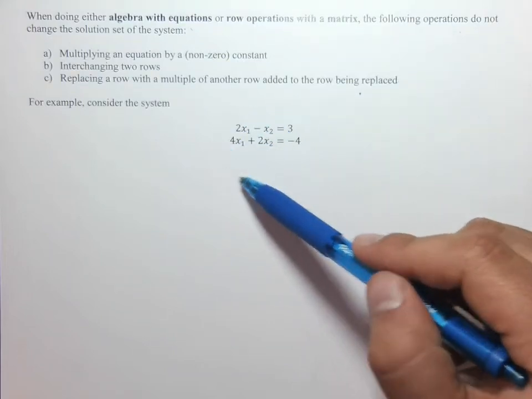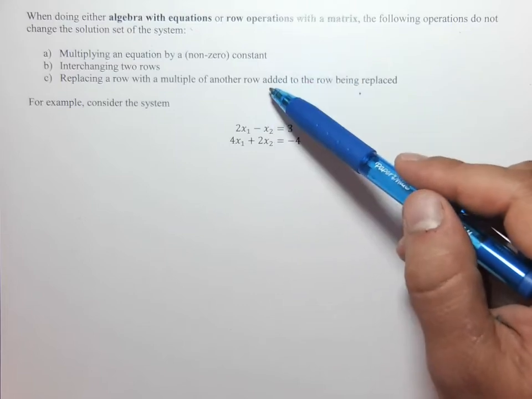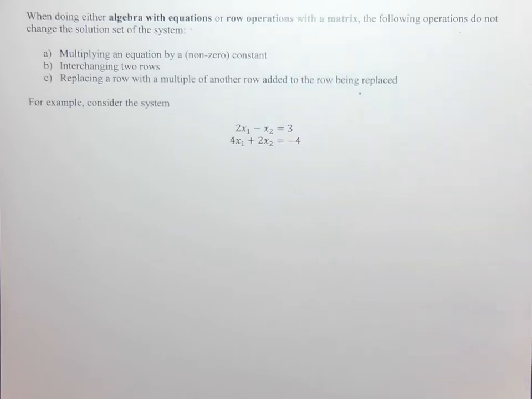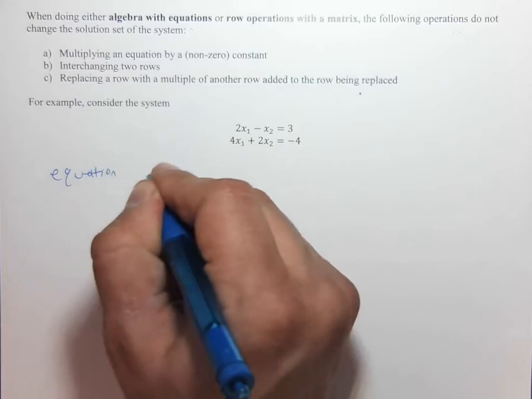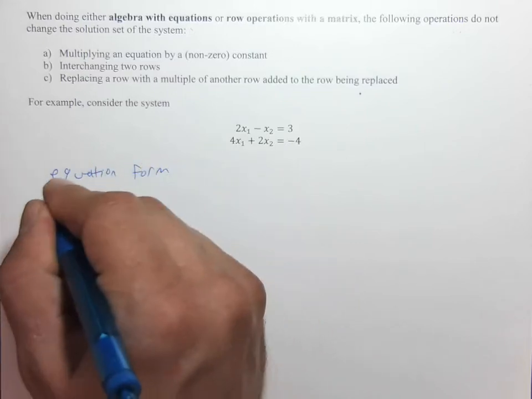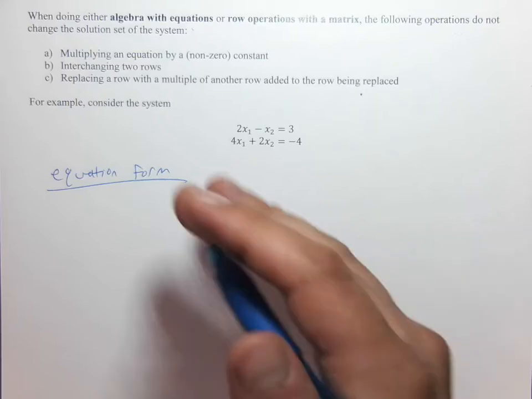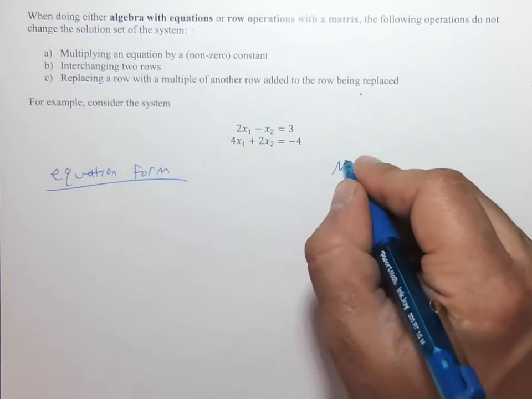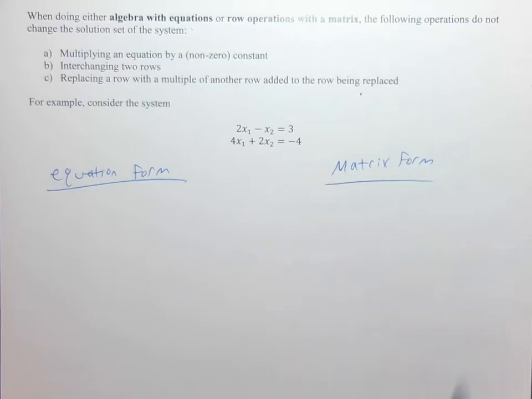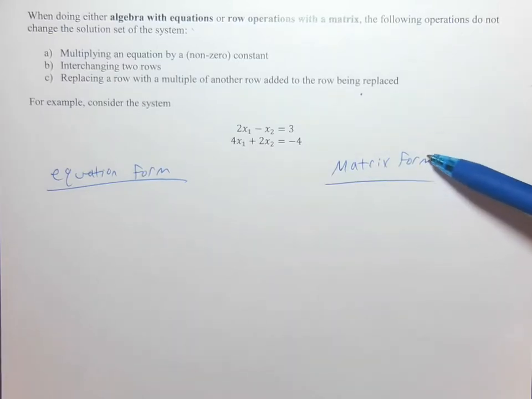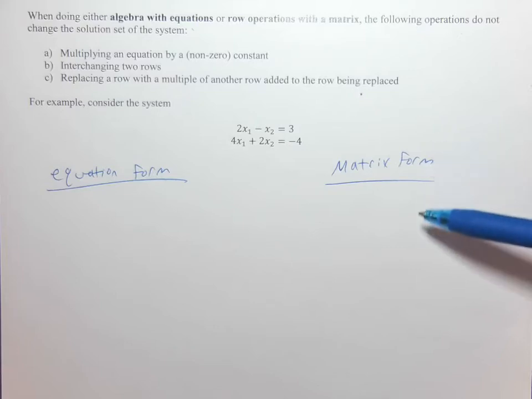We're going to solve this system using those ideas, and I'm going to do it in 2 ways. I'm going to write down the equation form over on this side of the page, and then we'll do the exact same thing in the matrix form. We'll see the same operations carried out in both cases, but the matrix form is just a nicer, easier, more organized way to do it.